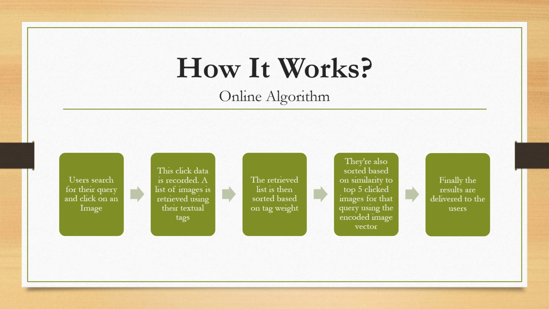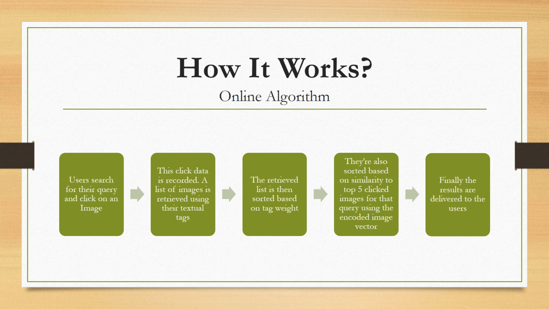So the autoencoder that we're using encodes the images into a vector of size 32, and we're taking the cosine distance of the images to these top 5 clicked images.